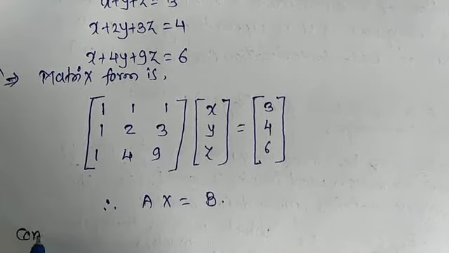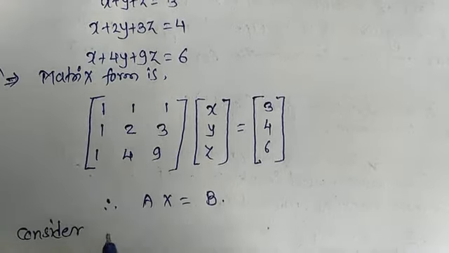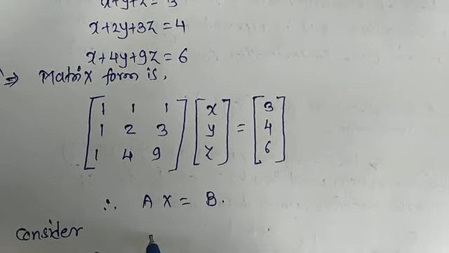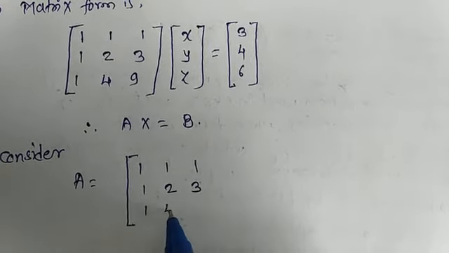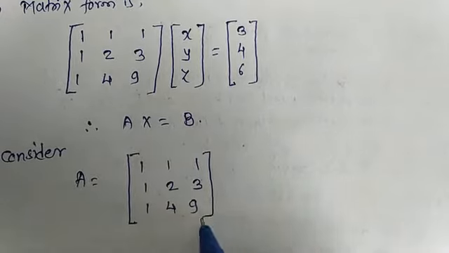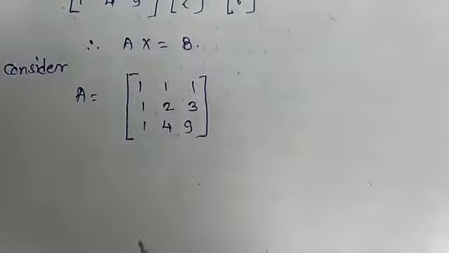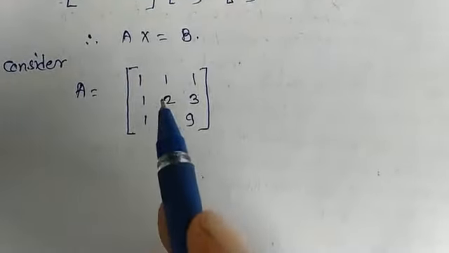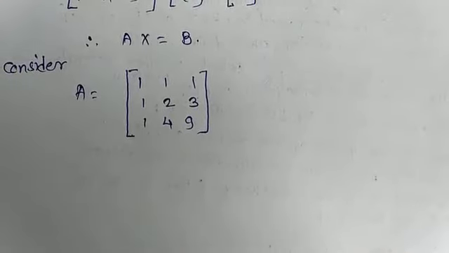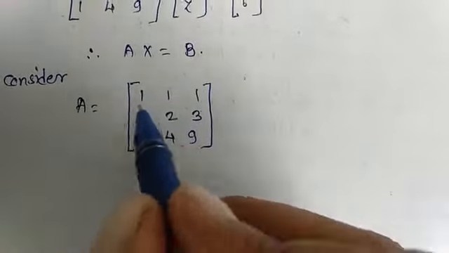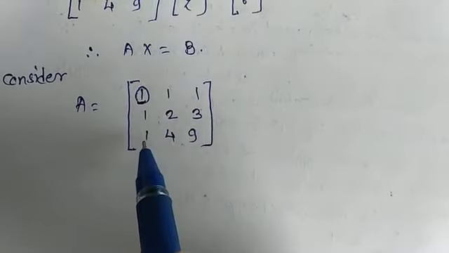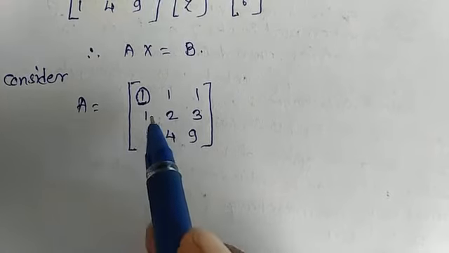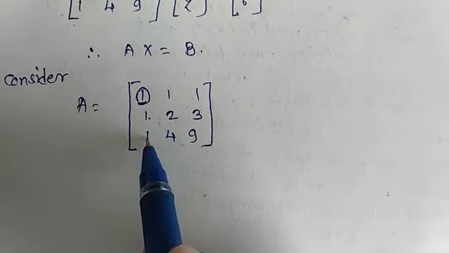Now consider matrix A is equal to 1 1 1, 1 2 3, 1 4 9. Now we have to obtain the row echelon form of this matrix. So first here A11 is a leading one, so below that we have to make 0 at the A21 position and A31 position.